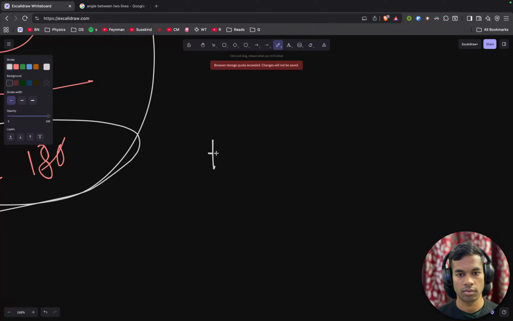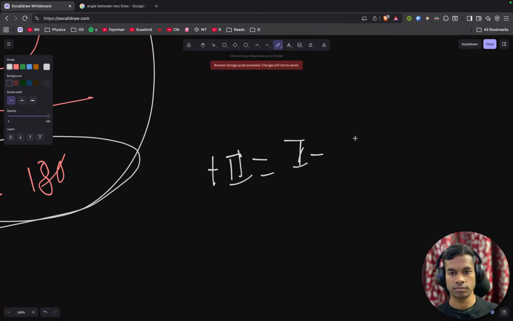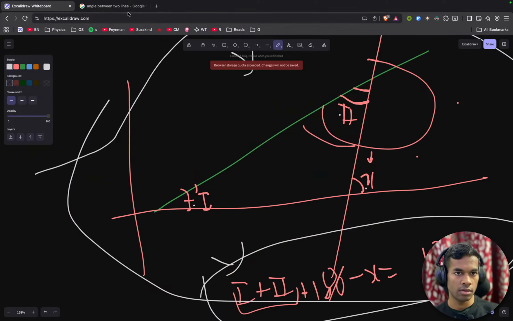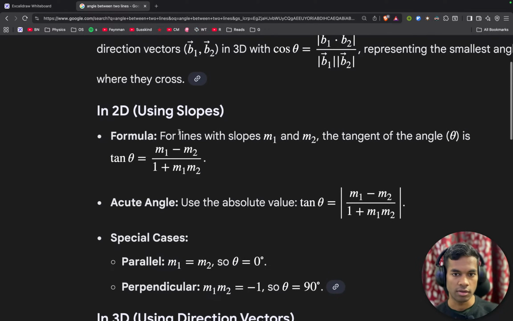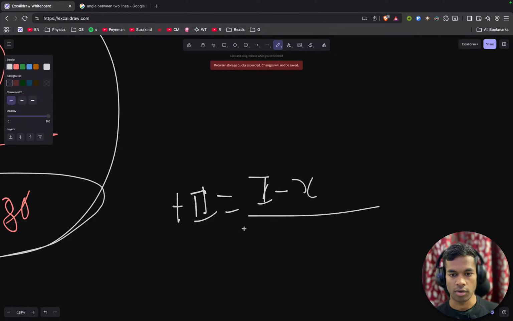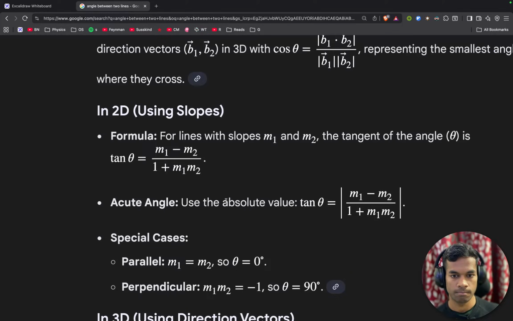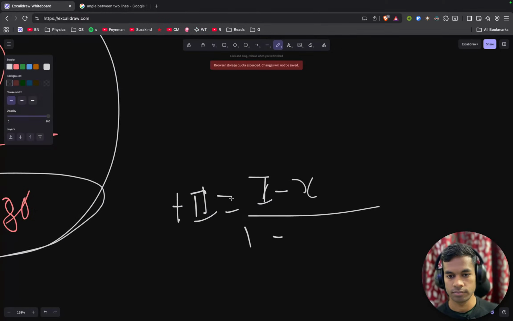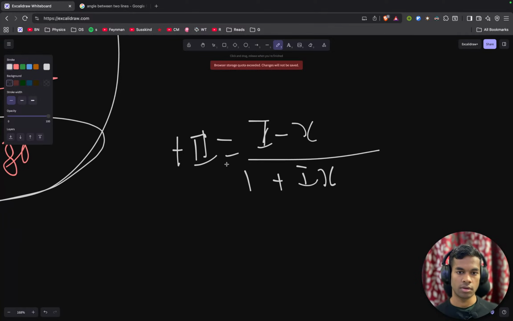The tangent of the angle is this. For acute angles we use this. We will use both the formulas and see which one is correct. First minus x upon 1 plus first into x, tan theta.